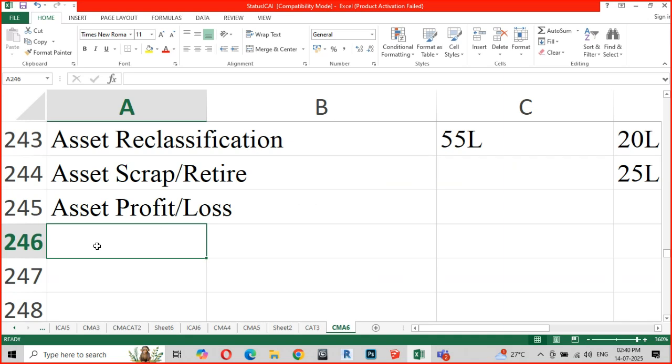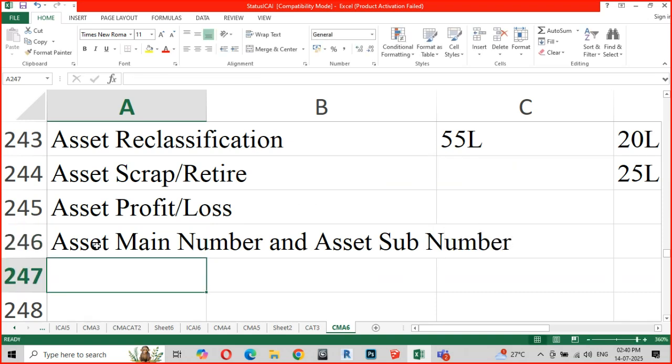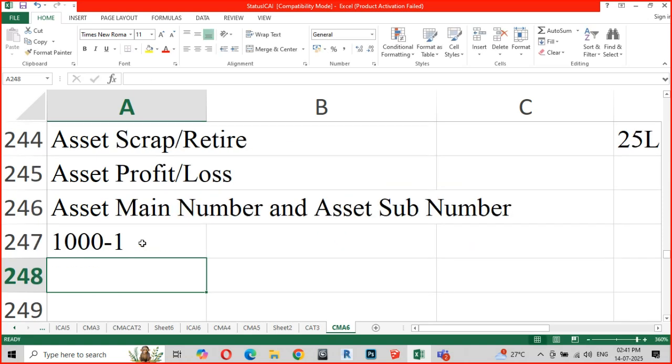So you have the concept of asset main number and asset sub number. Now let us say you have purchased 100 chairs for your computer department. Your numbering of the assets starts with, so the first chair will get the number 1000-1.